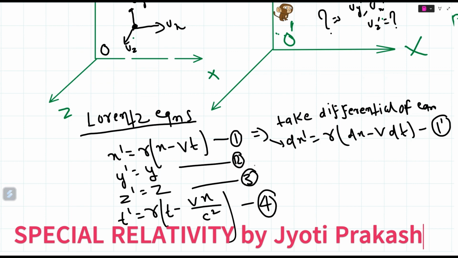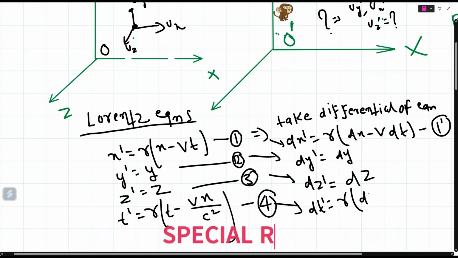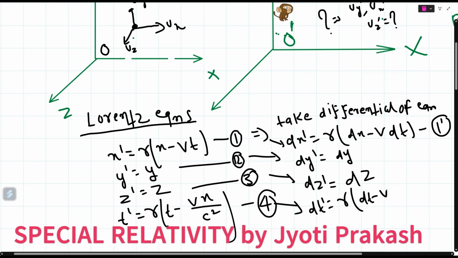The second is dy prime equal to dy, the third is dz prime equal to dz, and the fourth is dt prime equal to gamma (dt minus v dx by c square).